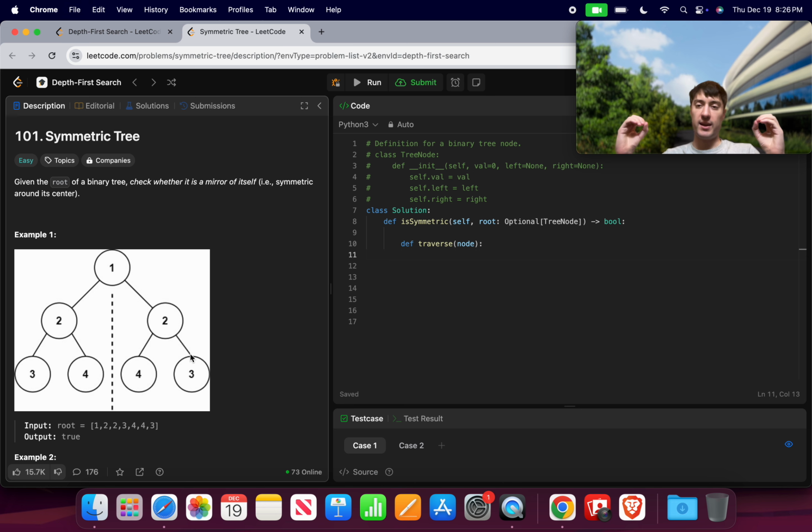Then I do my recursion on the right graph and on the left graph. Now it comes back up, and now I have two nodes again in this recursion traverse function, and then I do the corresponding opposite calls.